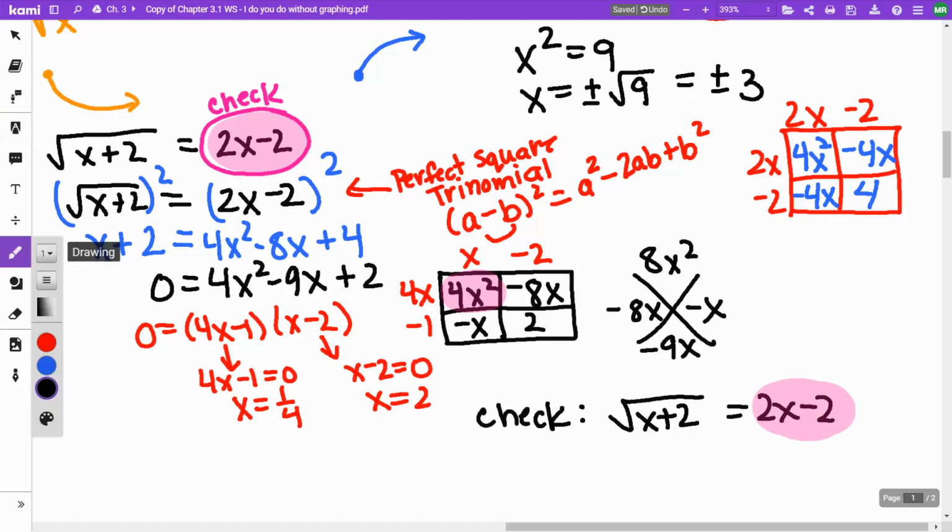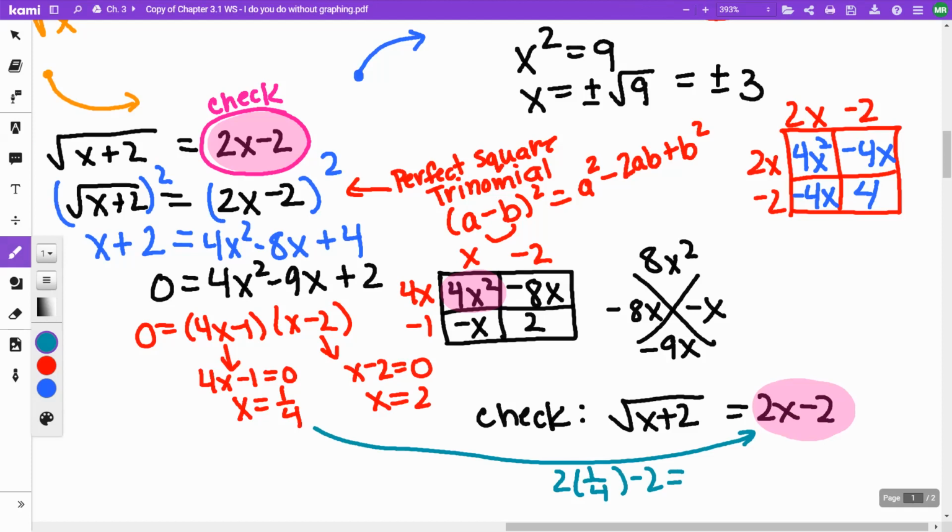So if I put a 1/4 in there, is that going to be positive? Will 2 times 1/4 minus 2 be a positive? No, this is going to be negative. So that is not going to be an answer.